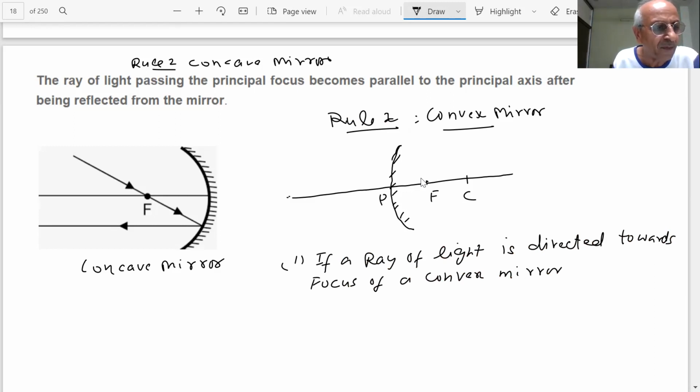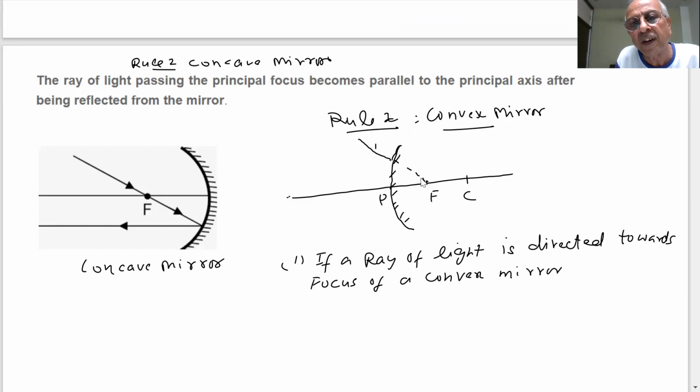I'm showing a dotted line now. You can see this is the ray of light coming on the convex mirror. It is dashed because it is behind the mirror.